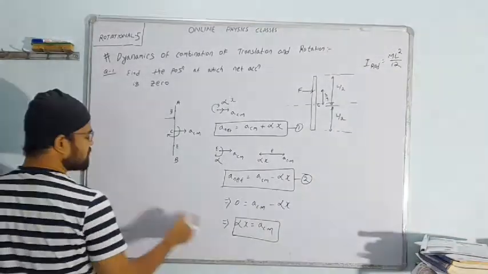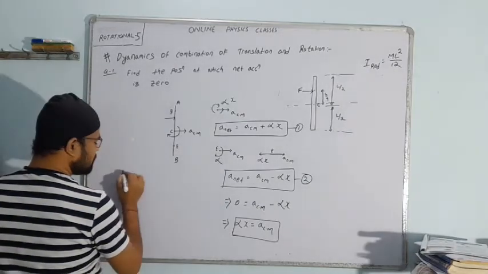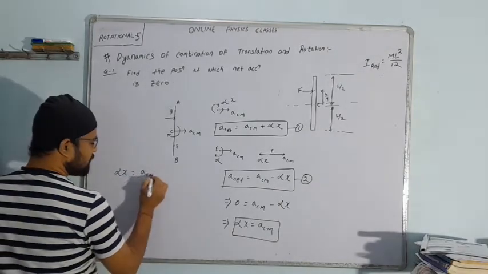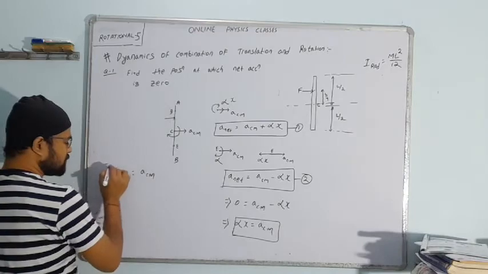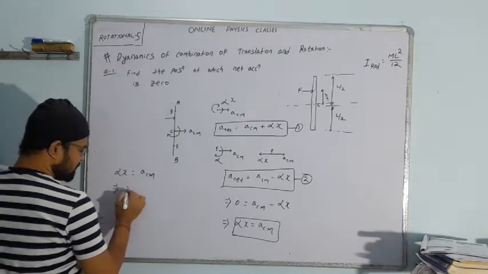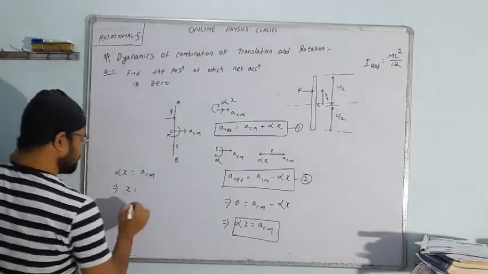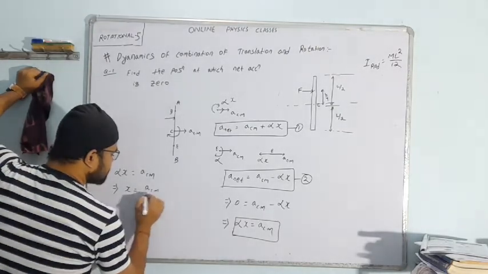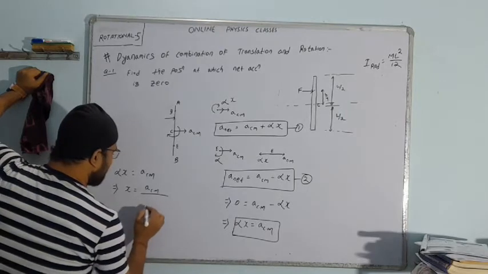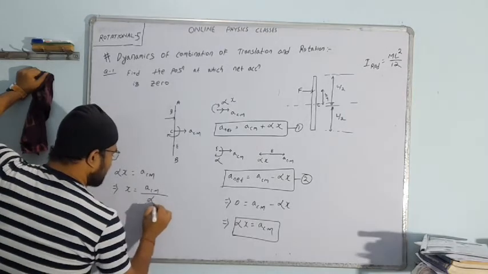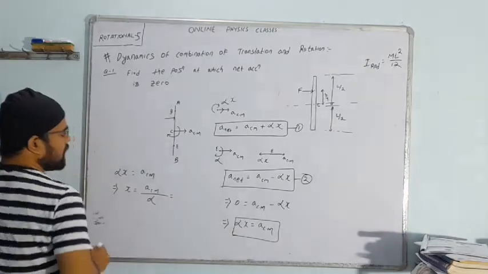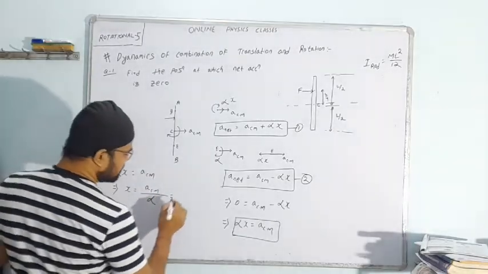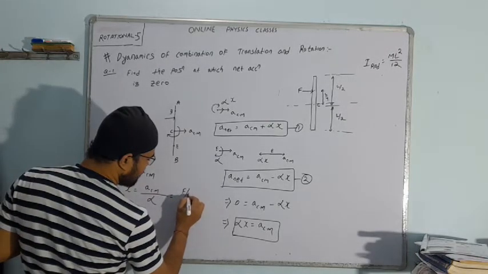Solving this equation, alpha x equals A_CM, the acceleration due to linear motion. So x is equal to A_CM divided by alpha. What is the acceleration due to center of mass? From the previous question, A_CM is F by m.